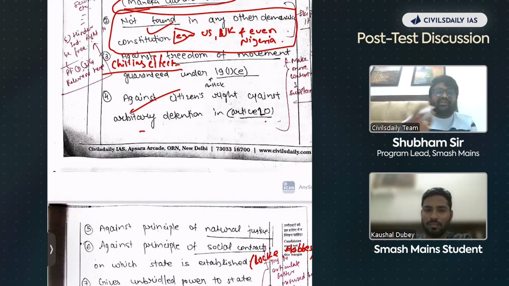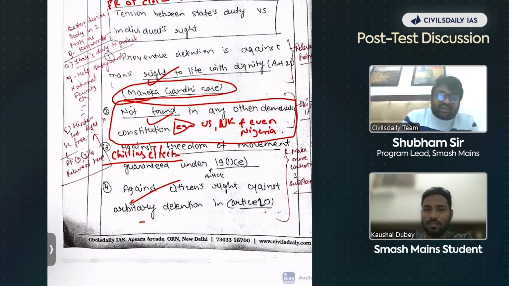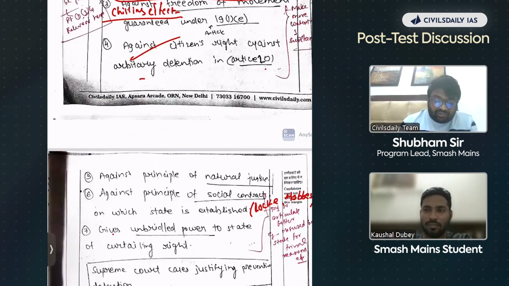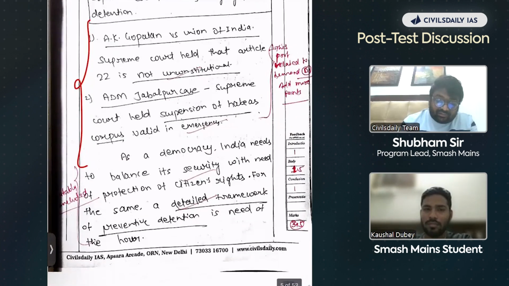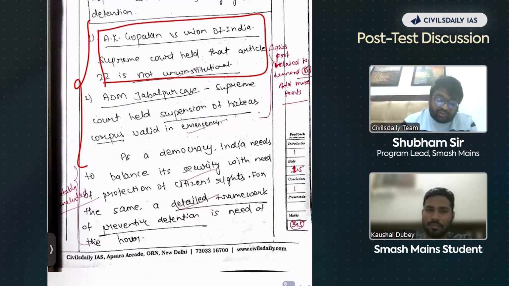And while giving the justification of the state's duty to protect, there also preventive detention during the Delhi riots. There also you should have provided the justification. Okay. This one would have come under the judicial validation point.